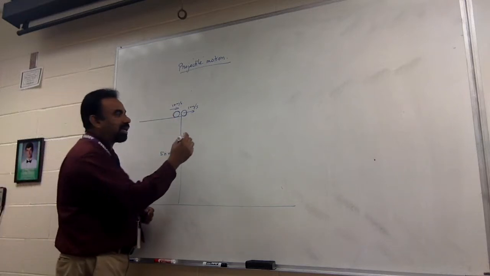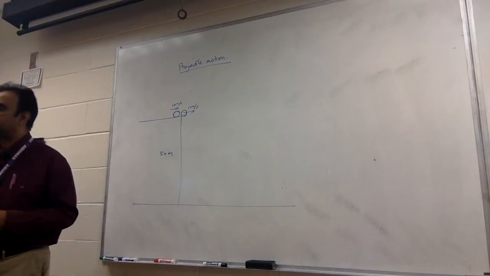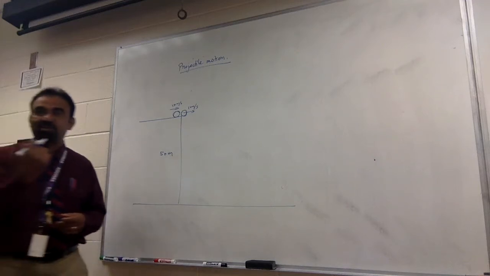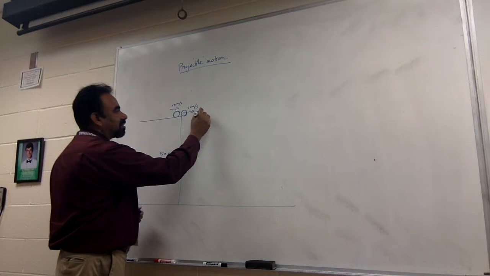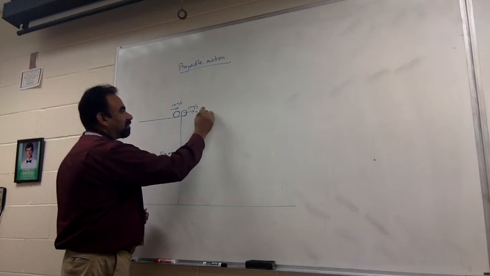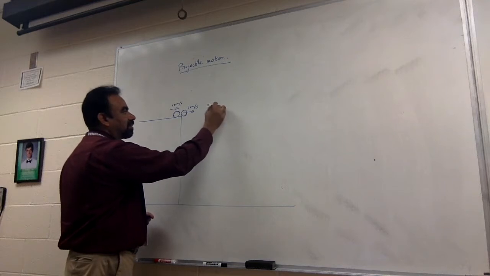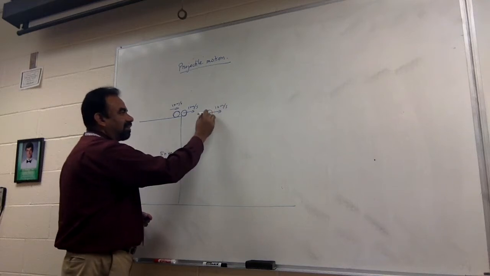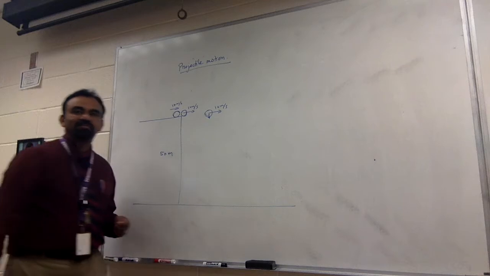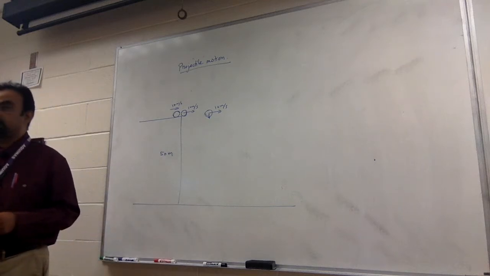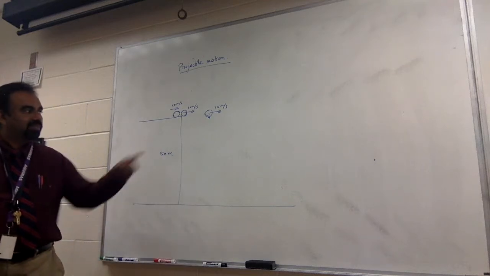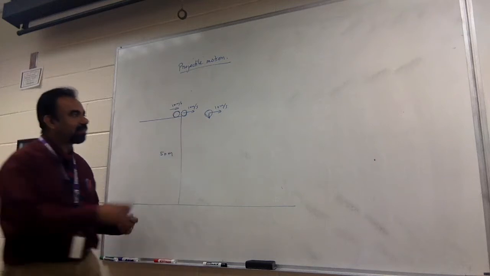After some time, what happens? Gravity starts taking effect, right? Gravity starts acting on it. So after some time, what happens is, it is here. How fast is it going horizontally? And vertically, it starts building up its velocity downward. You can see the arrow there. What happens after a little more time?